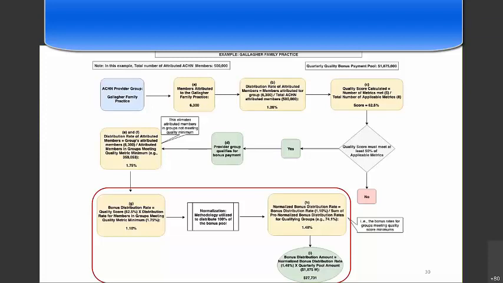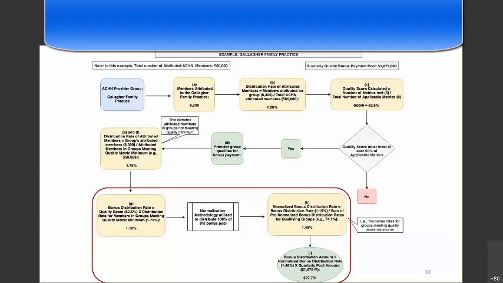This bonus distribution rate equals the quality score of the particular practice. Again, in the case of Gallagher Family Practice, we apply the quality score of 62.5%, multiply that times the distribution rate for members in groups meeting the quality metric minimum as noted in the step above. This number is 1.1%.